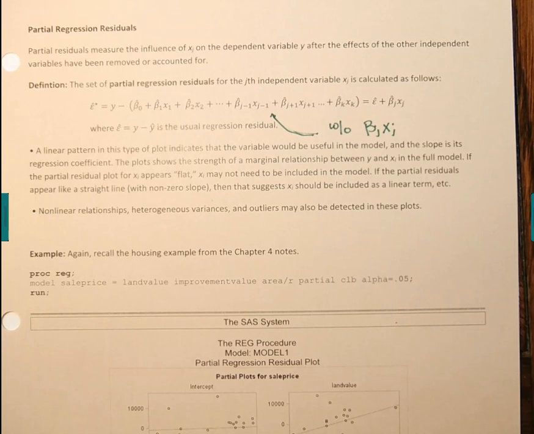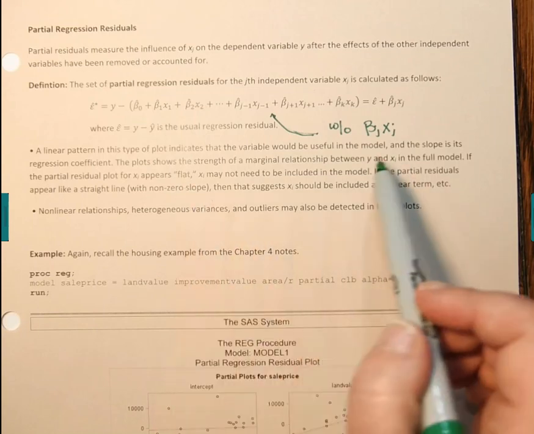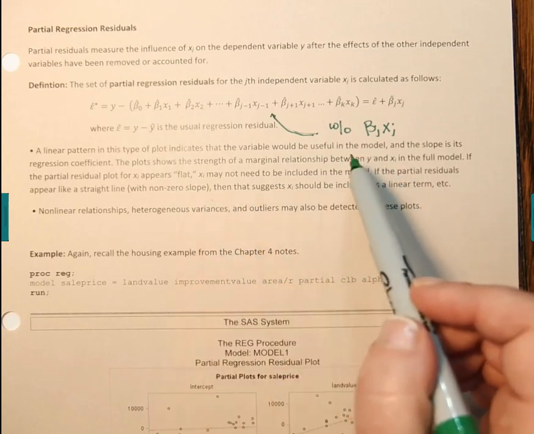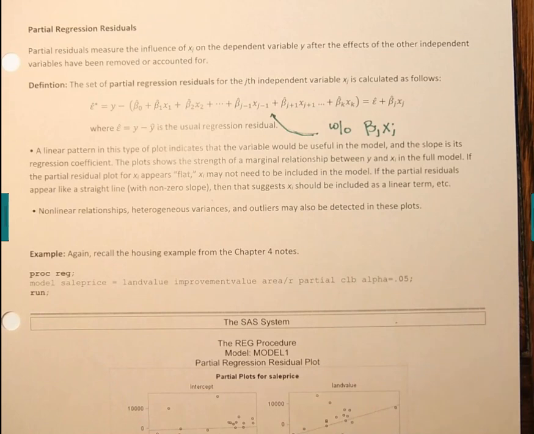Notice we've used i in this paragraph, but that could really be j as well, because j is the one that we're removing or looking at. If the partial residual appears like a straight line with non-zero slope, that suggests xi should be included as a linear term, or etc.